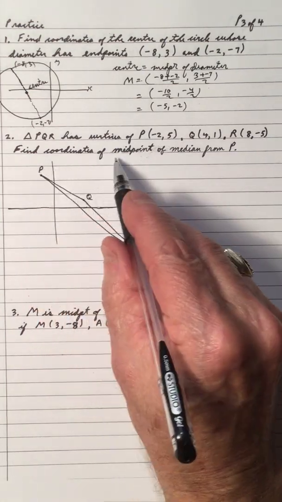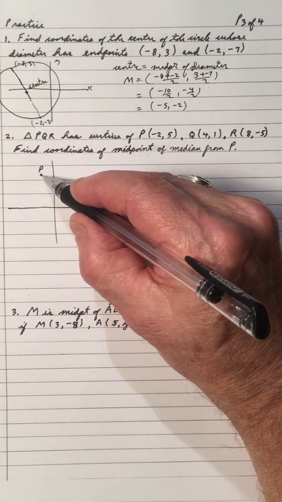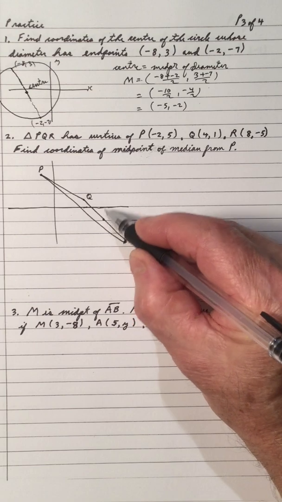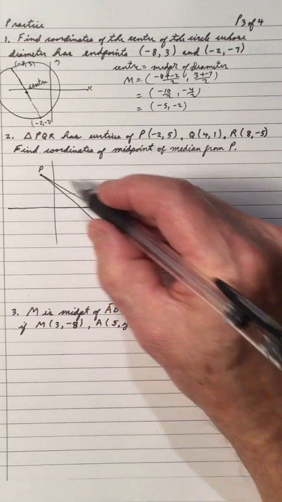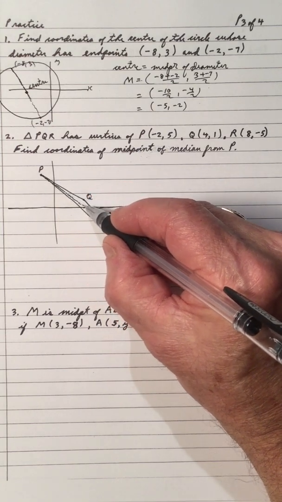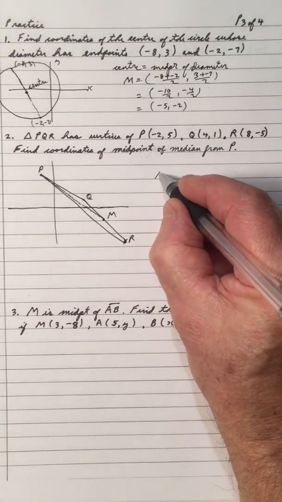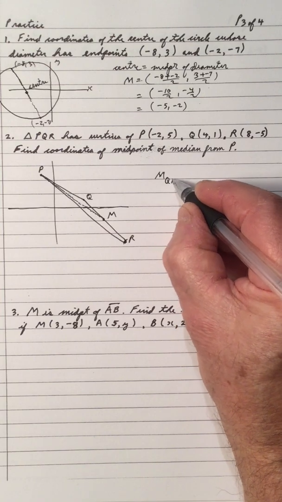It says find the coordinates of the midpoint of the median from P. So the median from P leaves and goes to the midpoint of QR. So this is the median that leaves and goes down here and hits it at its midpoint. So we're getting the midpoint of QR.